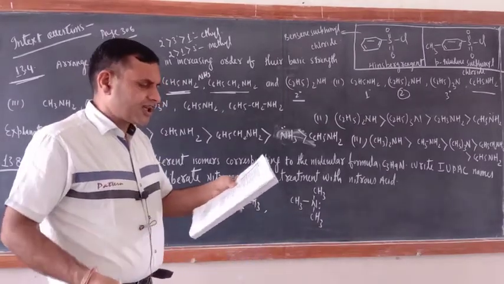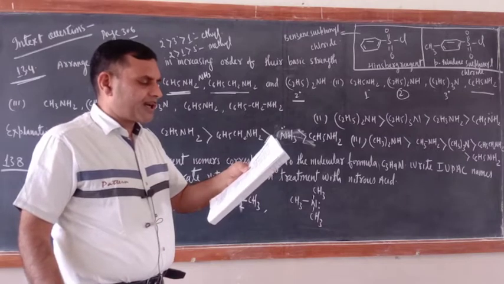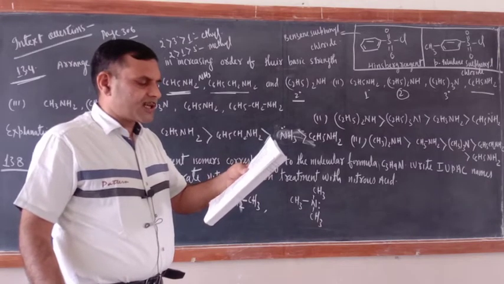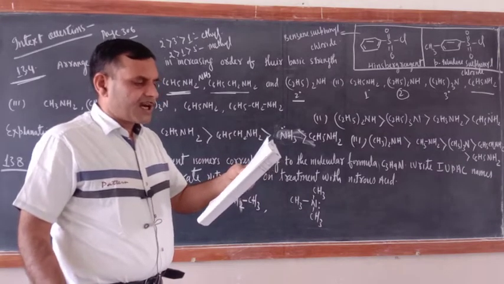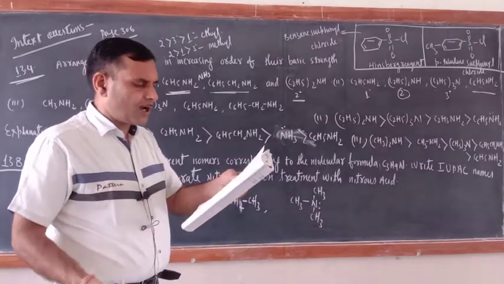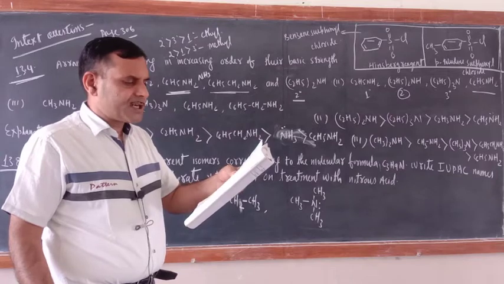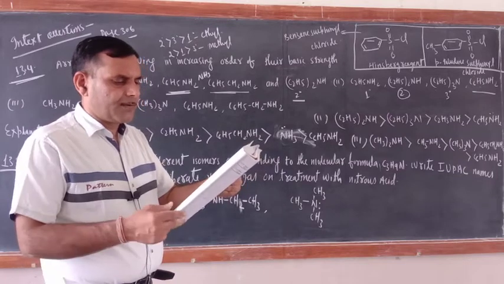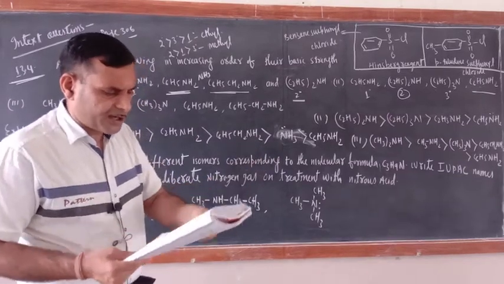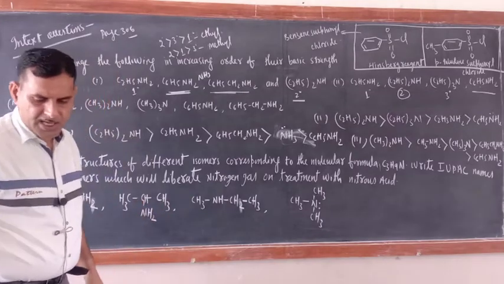The last question that I have to write, 13.8, write structures of different isomers corresponding to the molecular formula C3H9N. Write IUPAC name of the isomers which will liberate nitrogen gas on treatment with nitrous acid.